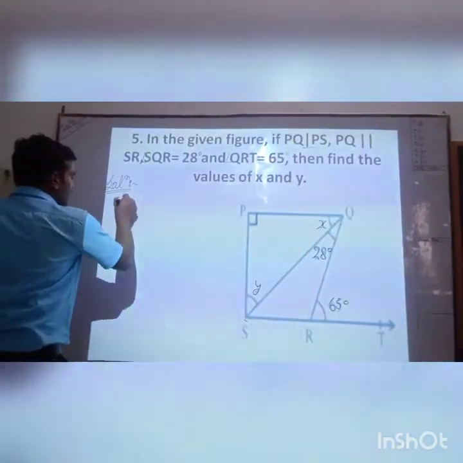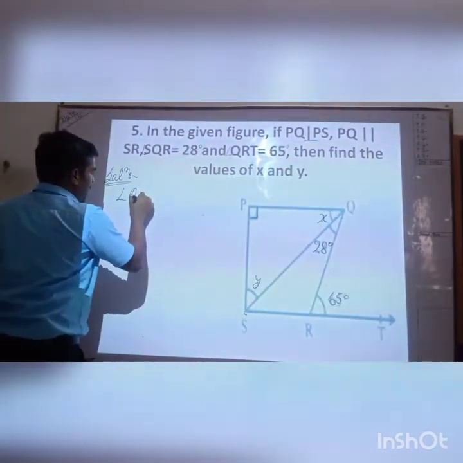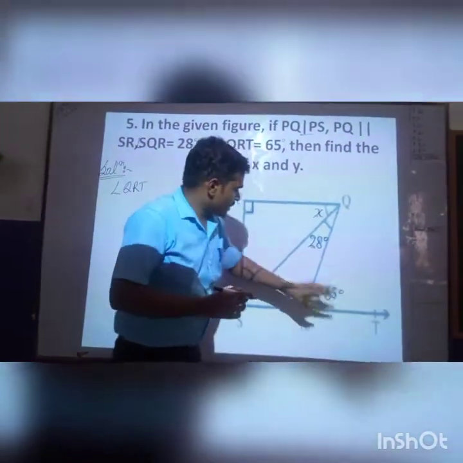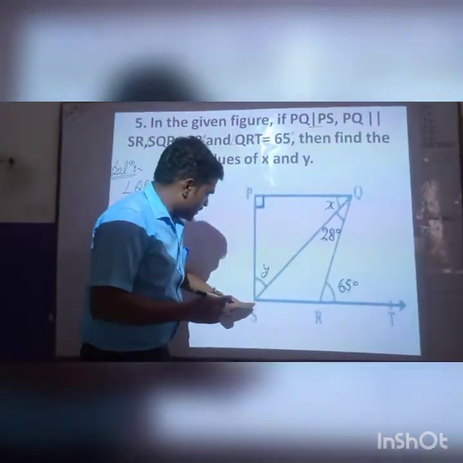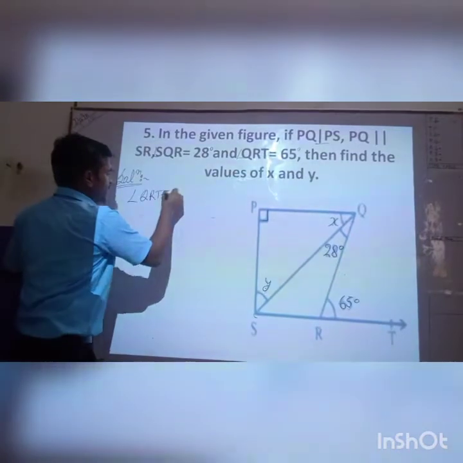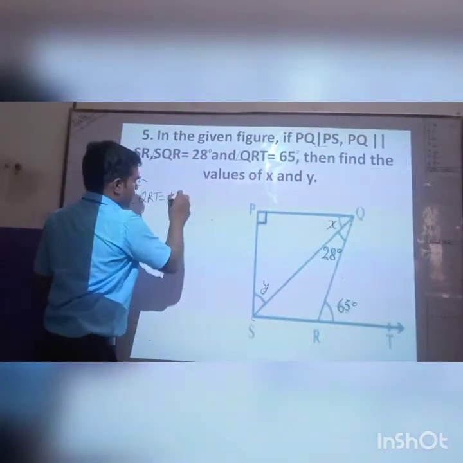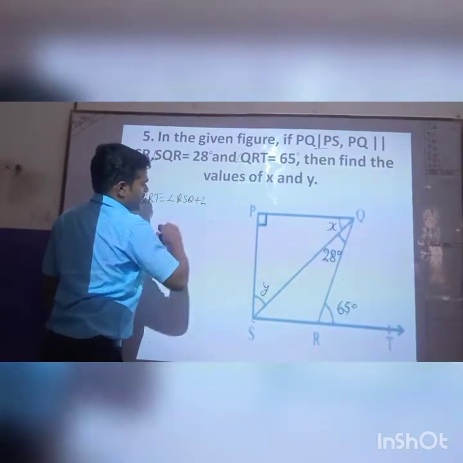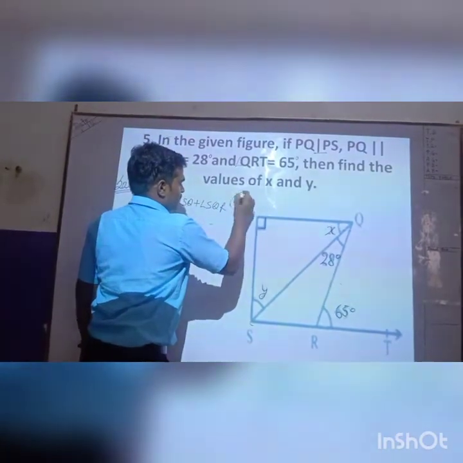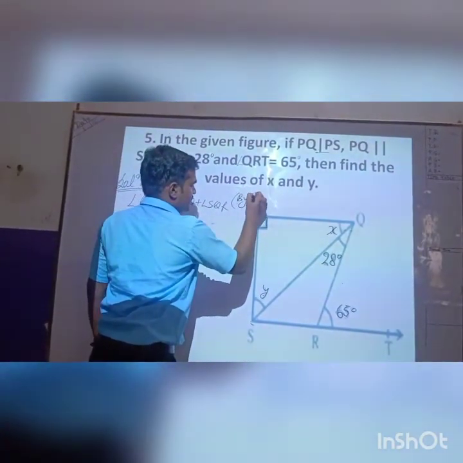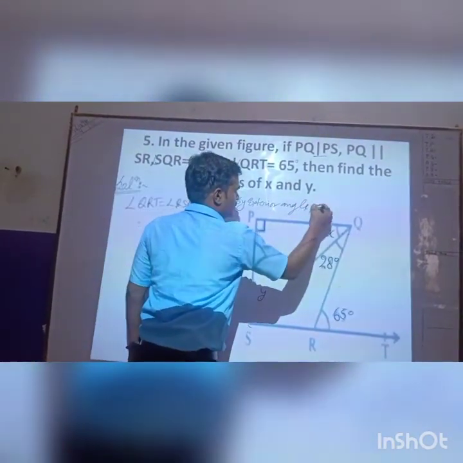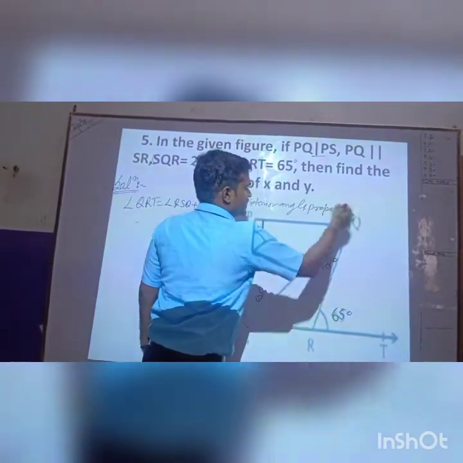So children, angle QRT is equal to angle RSQ plus angle SQR. By how? By the exterior angle property, the exterior angle theorem.